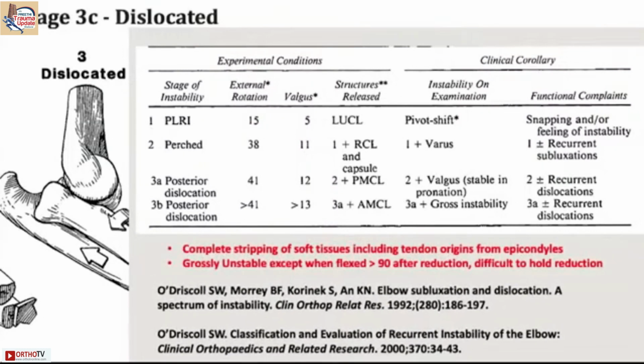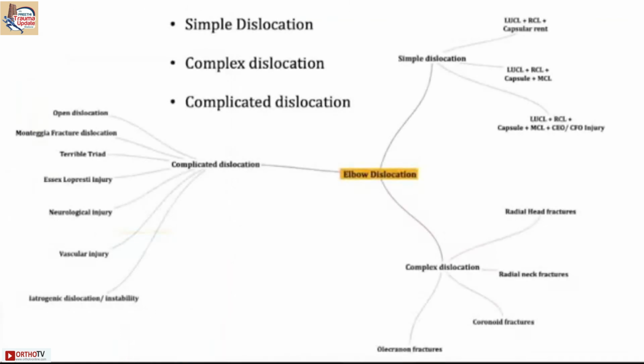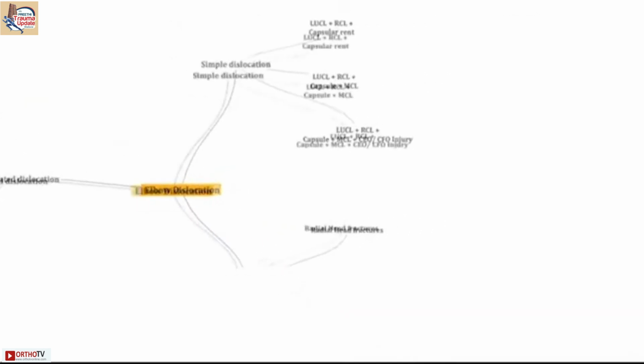And stage 3C, where there's complete stripping of the soft tissues, including the tendon origins from the epicondyles, and the elbow is grossly unstable except when flexed more than 90 degrees after reduction. This makes it difficult to hold reduction. Dislocations are divided into simple, with only soft tissue or ligamentous injury, complex, with associated fractures, and complicated, with other complications.